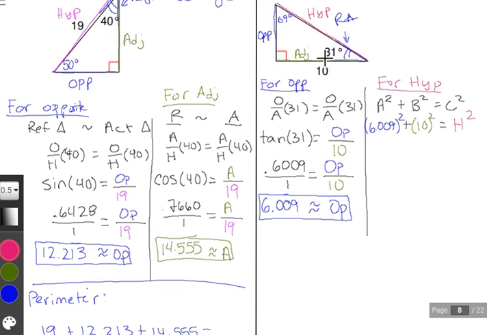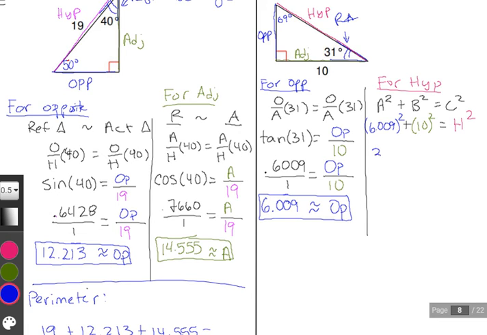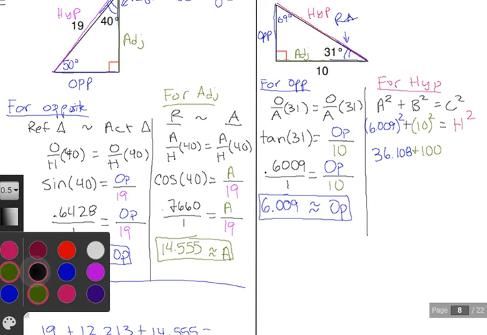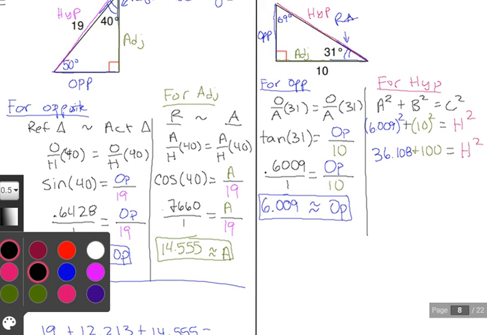So 6.009 times itself shall be 36.108. Now, that's going to be plus 100. 10 squared is 100, of course. Okay, and that's going to be equal to my h squared value. All right, adding these two together, 36.108 plus 100 is 136.108.